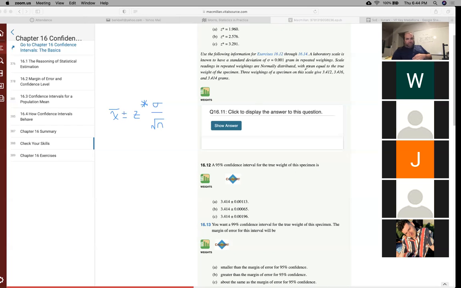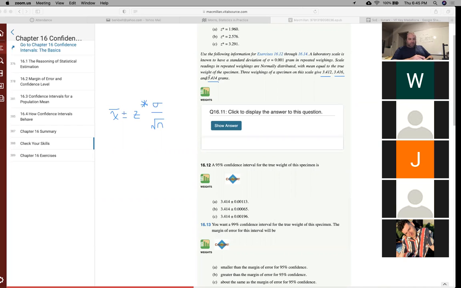So my 3 weighings are 3.412, 3.416, and 3.414. From that, what is my sample mean going to be? How do I take those and calculate the sample mean from them? 3.414.